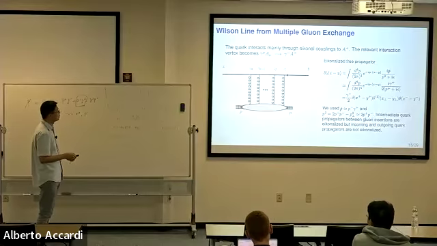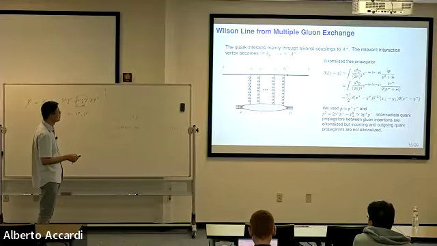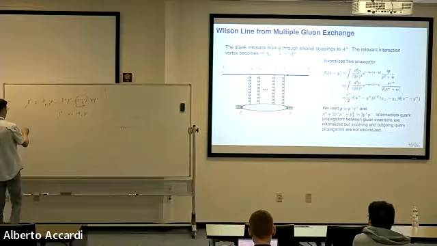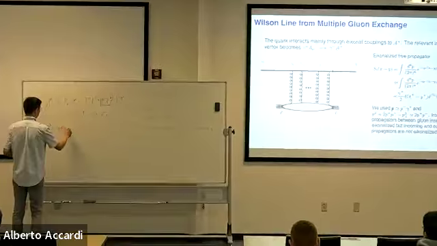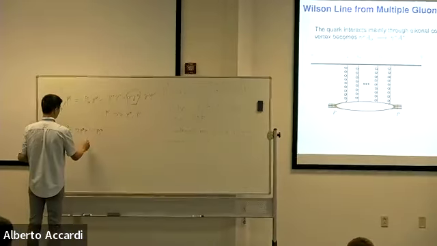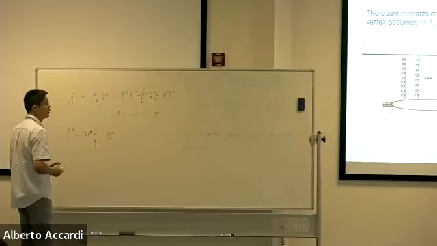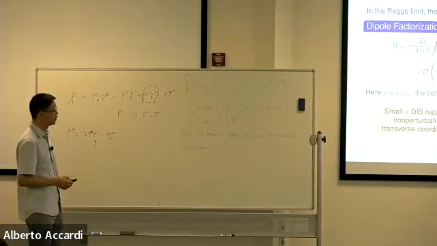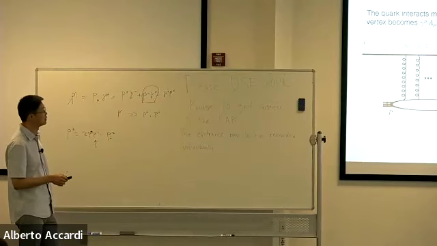That's my numerator. If I look at my denominator, I have p squared, which is 2p^+ p^- minus p_perp squared. Again, this is the largest component. I'm doing a very crude approximation here; I just keep the leading contribution.